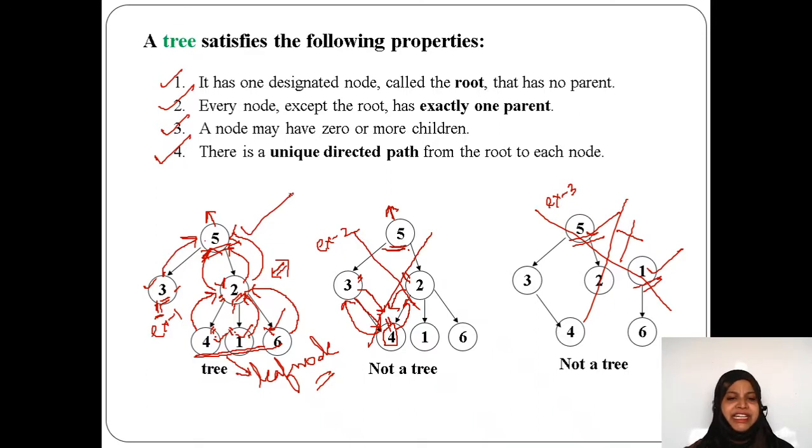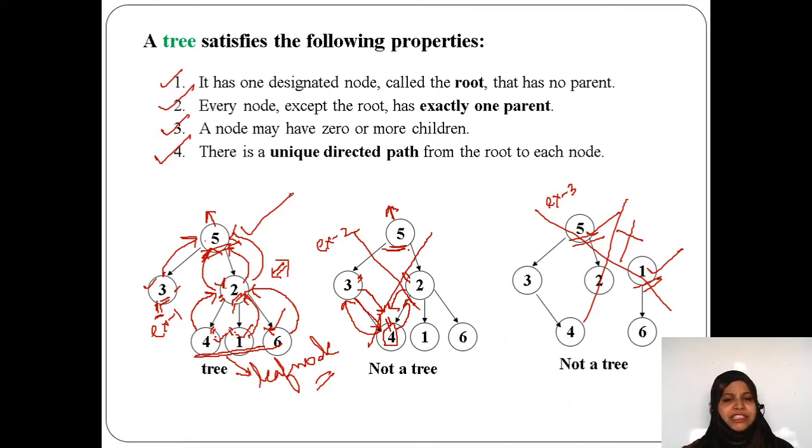Whenever we are deciding whether any collection of nodes is defined as a tree, it should follow these 4 properties. First one is it has only one designated node. That particular node is known as the root node, and the root node doesn't have any parent node. Second property is every node except the root node has exactly one parent.